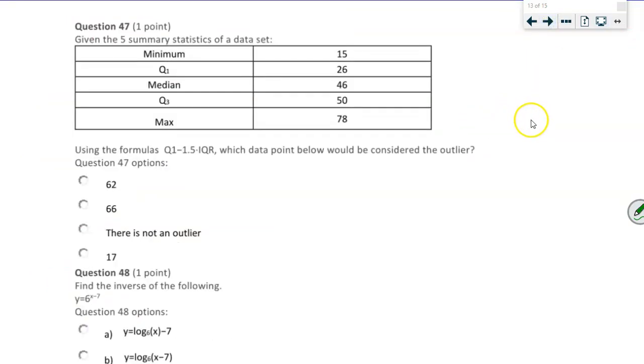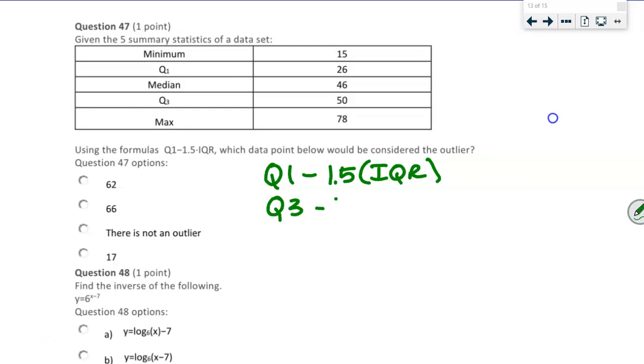All right, so this next one says, given the 5 summary statistics of a data set, use the formula Q1 minus 1.5 times IQR and plus. This would be both. So when you're looking for this, you're going to do Q1 minus 1.5 times the IQR, and you're going to do Q3 plus 1.5 times the IQR.